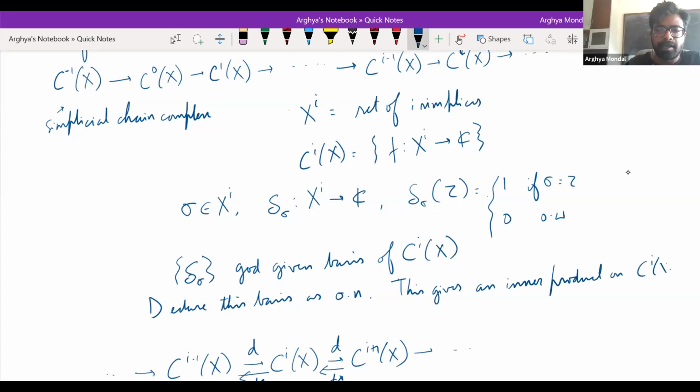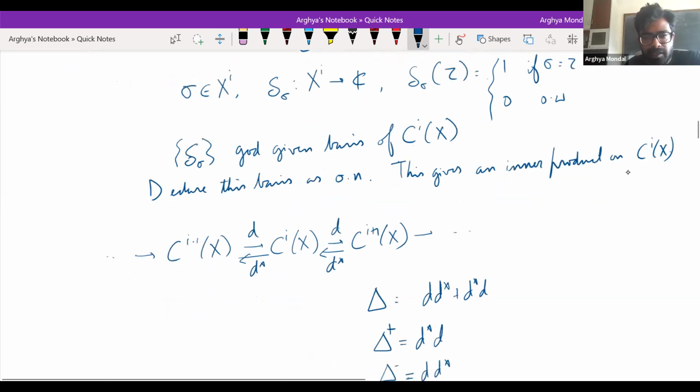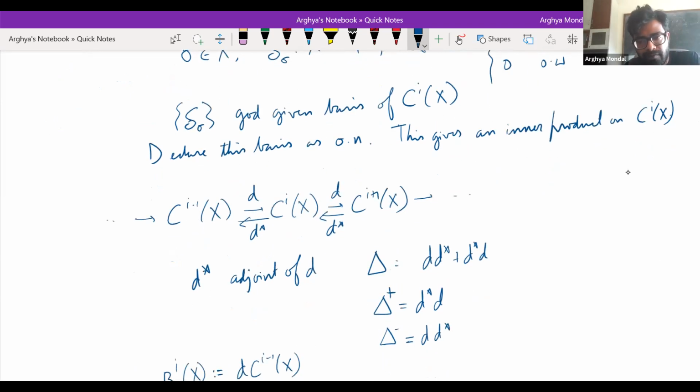And then what you can do is that because you have inner products on all the cochain groups, you can look at the adjoint of the coboundary, the adjoint of d, and then you can define the Laplacian. So the Laplacian is like d d star plus d star d. This is the usual Laplacian.